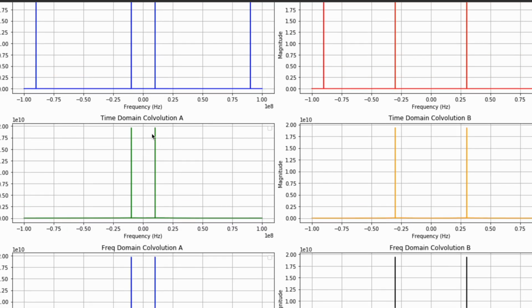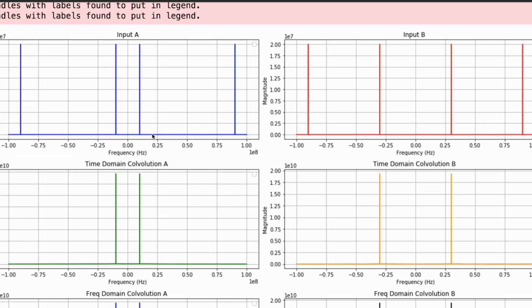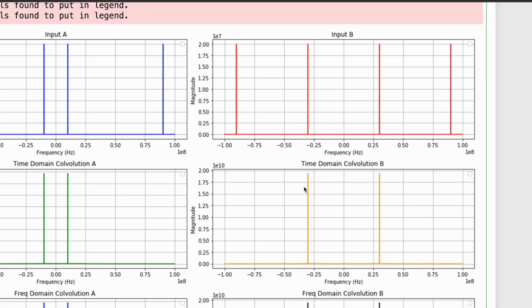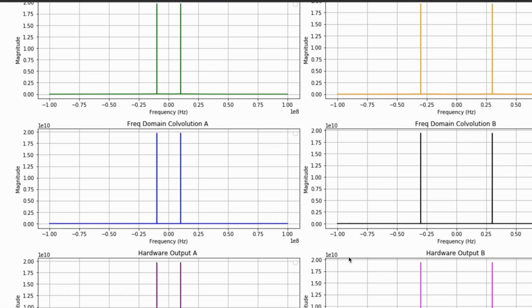After this, my time domain convolution gave the exact output as the theoretical guess, that the 10 megahertz will be allowed to pass while 90 will be attenuated. Same goes for input B. 30 was preserved while 90 was attenuated.